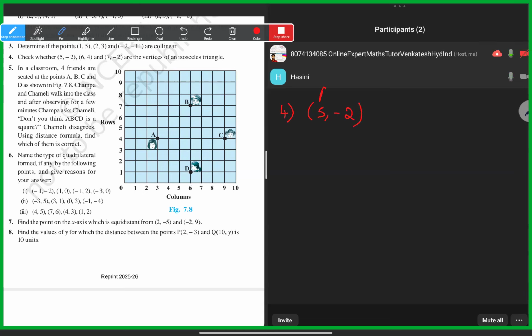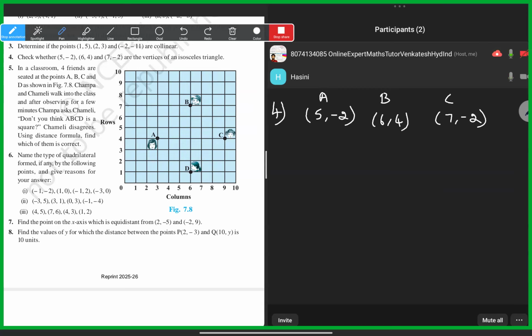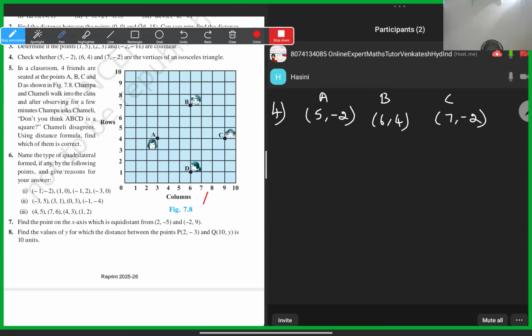Okay, the fourth one. Once you read the question: check whether (5, -2), (6, 4) and (7, -2) are vertices of an isosceles triangle. So what is an isosceles triangle? In a triangle ABC, if two sides are equal, say AB and AC are equal, then it's an isosceles triangle.